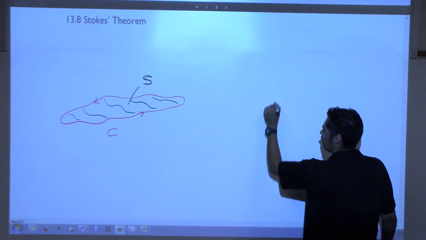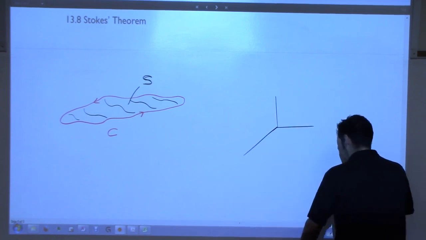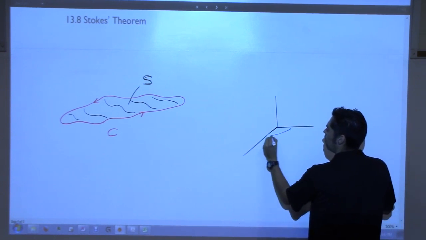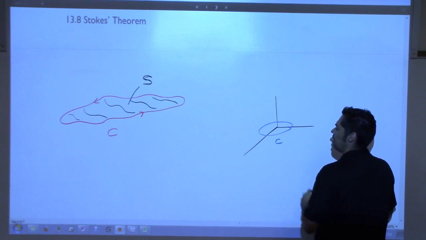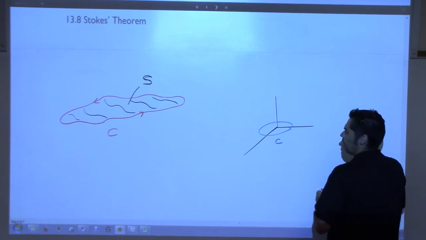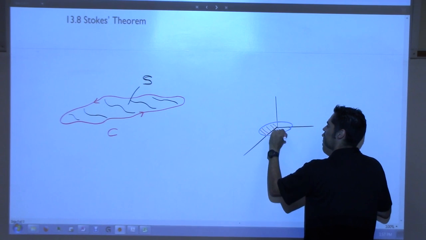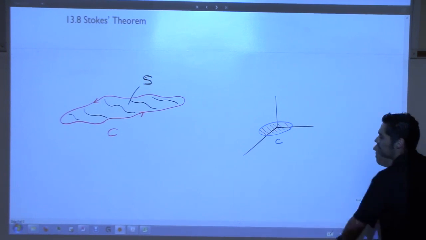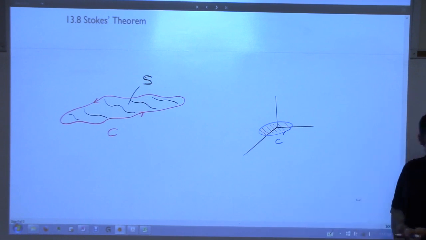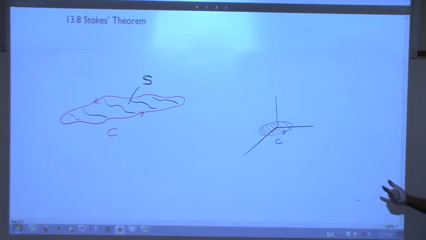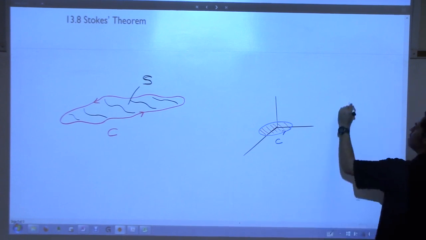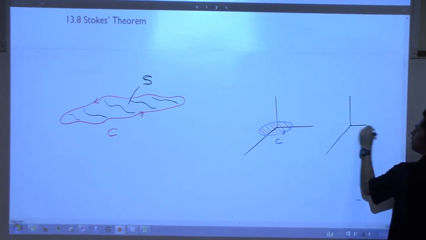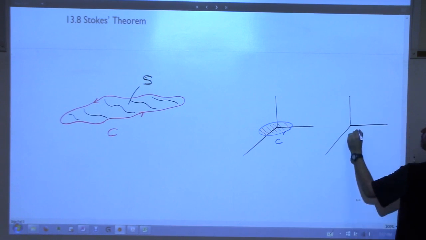What if I just, here's the x, y, z. What if I just draw a circle on the ground? Call that C. Then if I just look at the flat disk right there, is that curve C the boundary of that flat disk? Yes, right? But I'd like for you to compare that to this. Same C on the ground, okay?